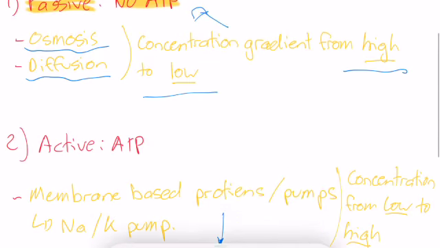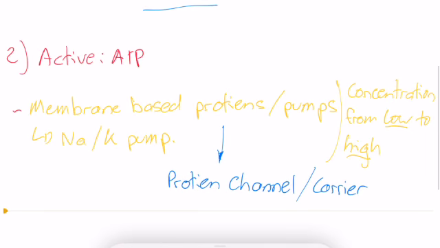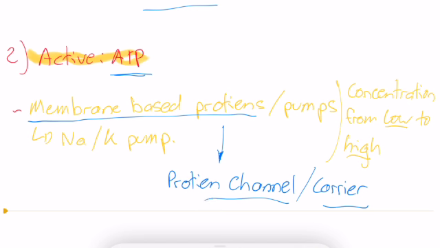The second cellular transport form is that of active, which of course is our involvement of ATP. Typically in cells, we see active transport through membrane-based proteins, so your carrier proteins, your channel proteins, which can also be involved in passive transport.